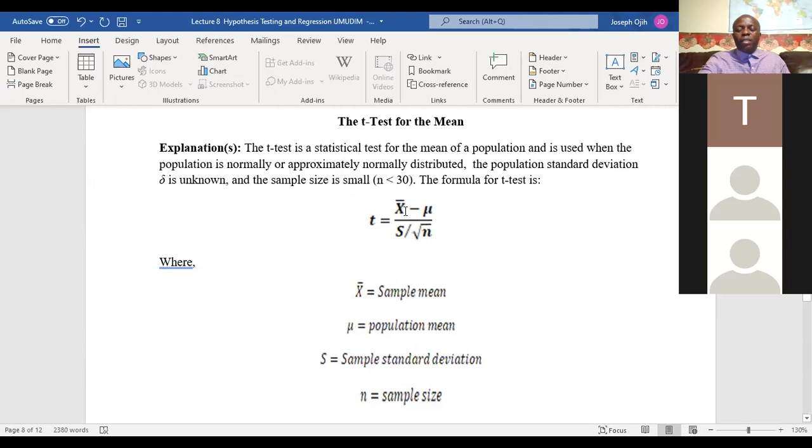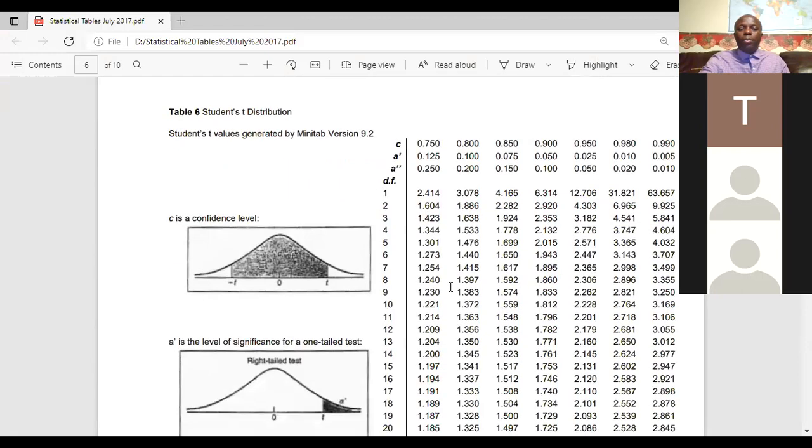The formula for the test statistic is similar, except that we'll be using the sample standard deviation, and this side will be replaced by t. Also, we will not be using the z table. We'll be using the t table, the student t distribution table. We have met this table before when we were doing our confidence interval for the mean for small samples.